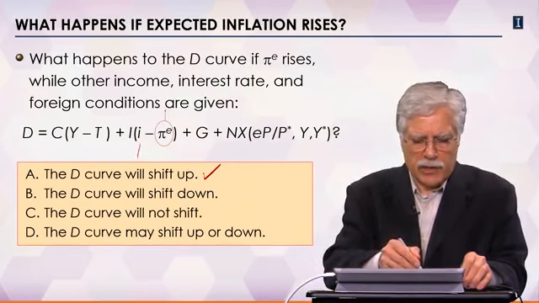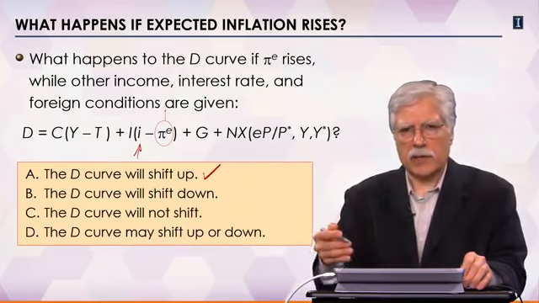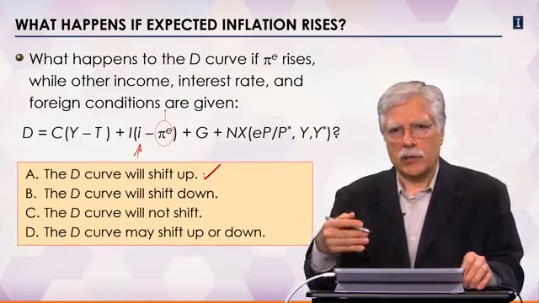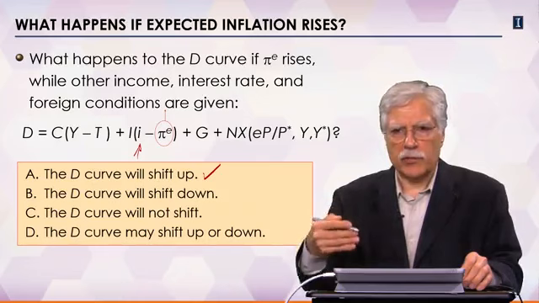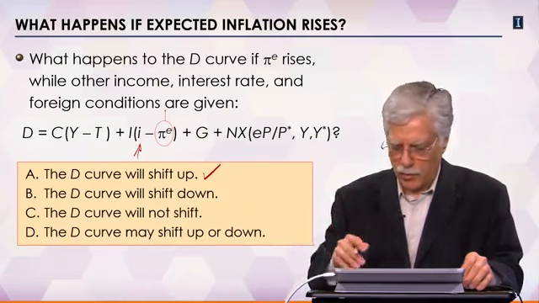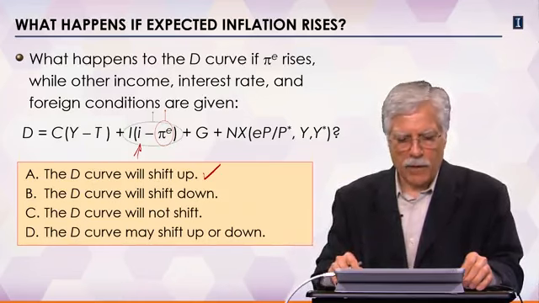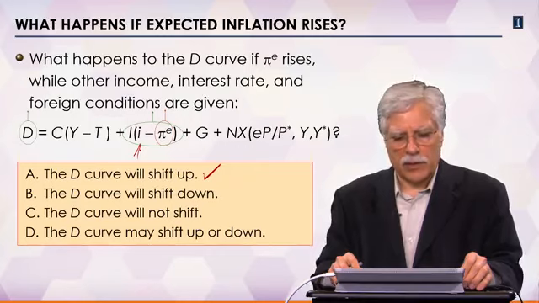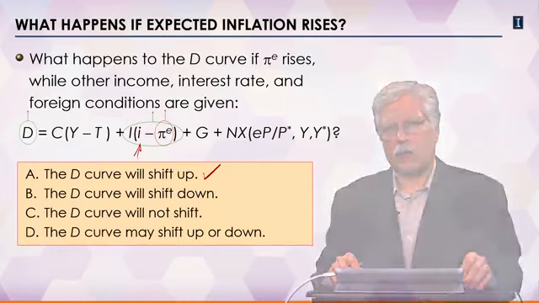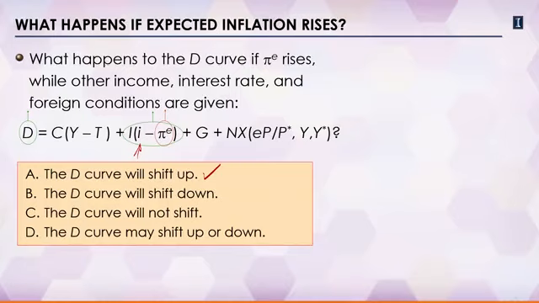If interest rate is given, an increase in expected inflation means that you're going to get rewarded better in the future financially if you invest. So investment should go up. So once investment goes up, because real interest rate is going down, that means that total expenditure on the economy goes up, and therefore D should go up for every level of income, or the whole D curve should shift up.